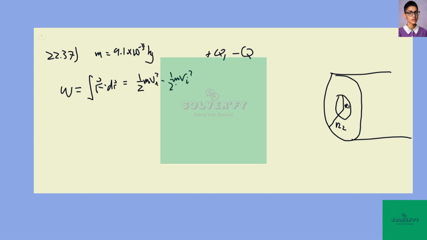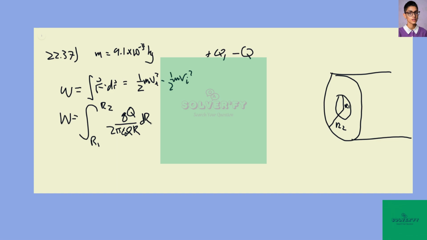Now we can set the force equal to the electric field times the charge of the electron and insert that in, and we can see that the work is given by integrating from R1 to R2 of the force, and the force is given by Q, big Q, over 2 pi epsilon naught L r.